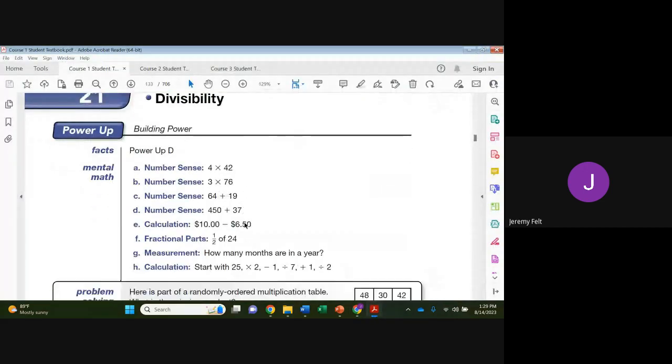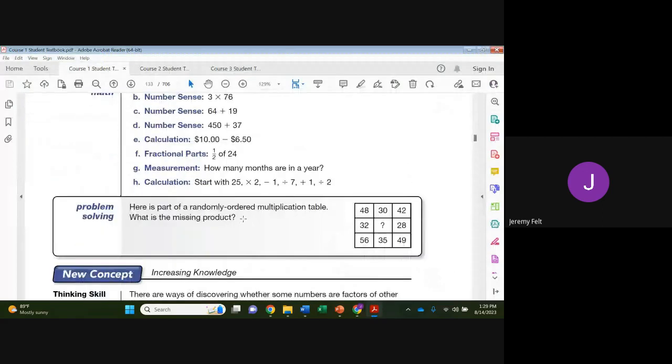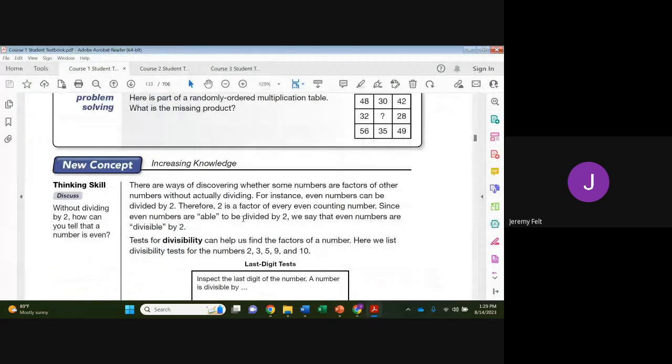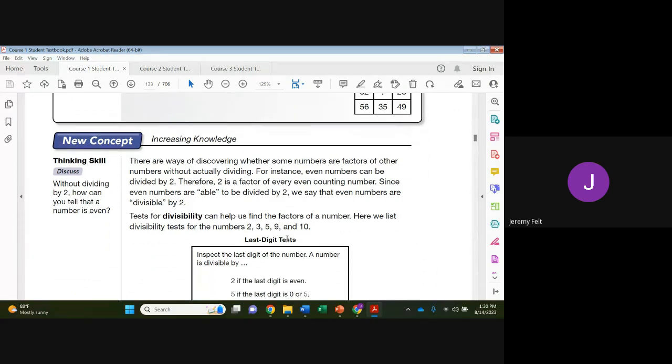Okay. So today, lesson 21 is working with divisibility. So tests for divisibility can help us find the factors of a number. Here we list the divisibility tests for the numbers 2, 3, 5, 9, and 10. So all that's saying is there's some tricks or some rules that we can remember, and we have 3, 4, 5, 6, 7, however large digit numbers.